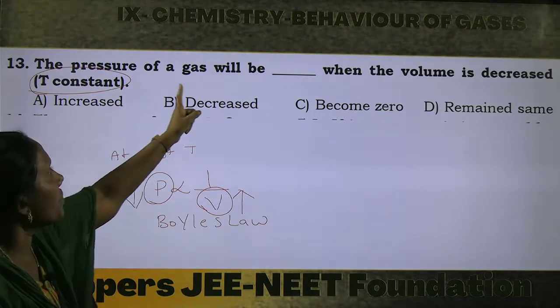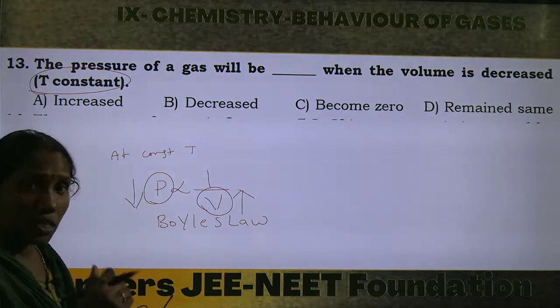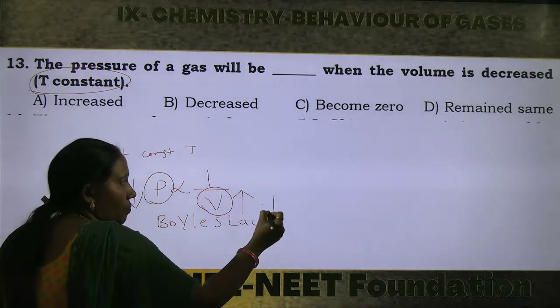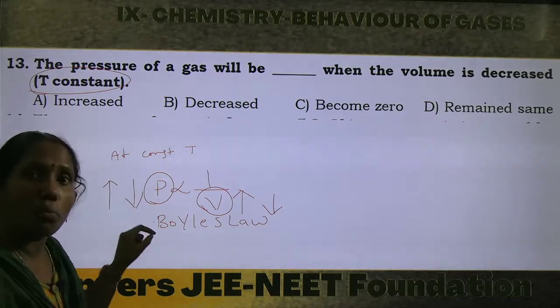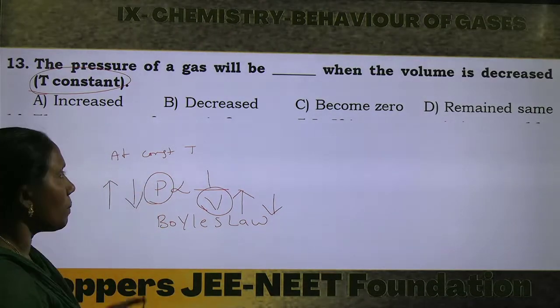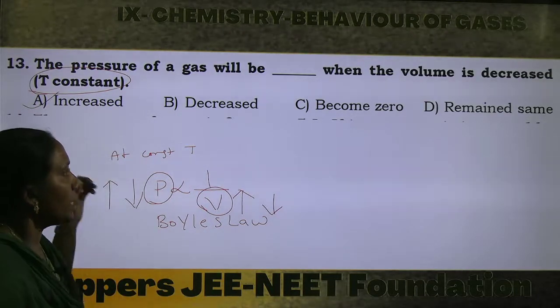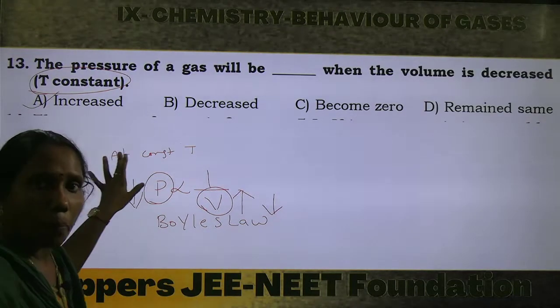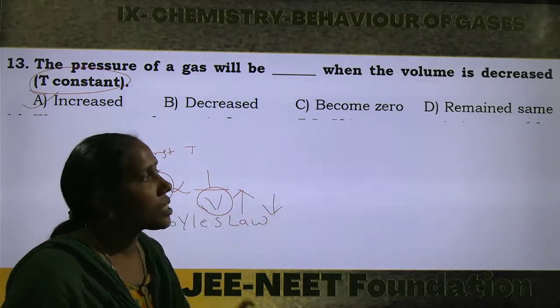So the pressure of a gas will be dash when the volume is decreased. Volume is decreasing, then pressure should increase according to Boyle's law at constant temperature. So I will go with option A.